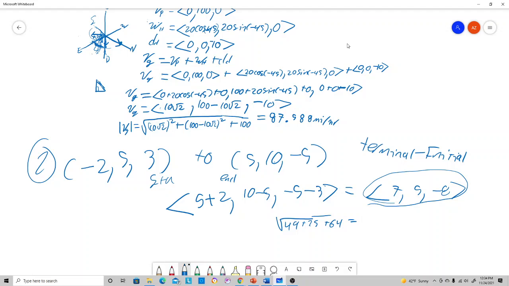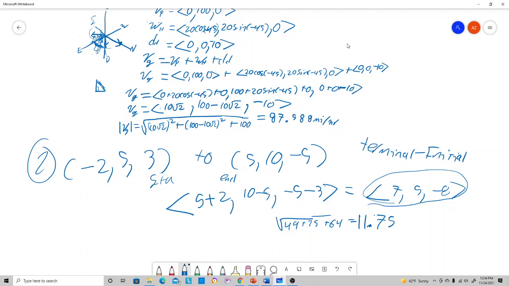If we plug 49 plus 25 plus 64 into the calculator, it's going to be about 11.75.